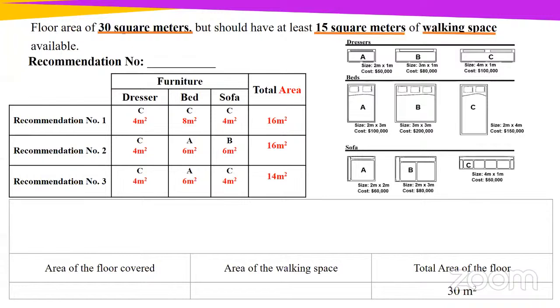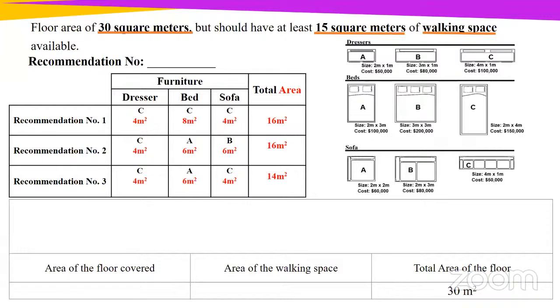Would that meet the condition that we are supposed to have? No, Miss. What is it that we're supposed to have? Remind me again. 15 square meters in terms of walking space. If we have 14, would that be what the conditions require? No, Miss. So we would not get 15 square meters of walking space if we were to go ahead with recommendation 1.